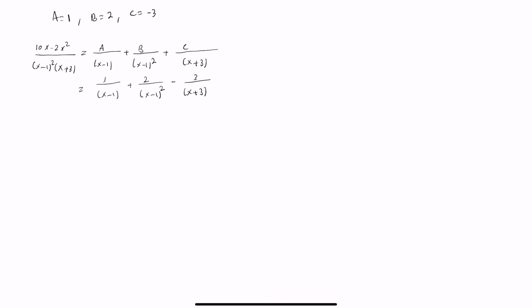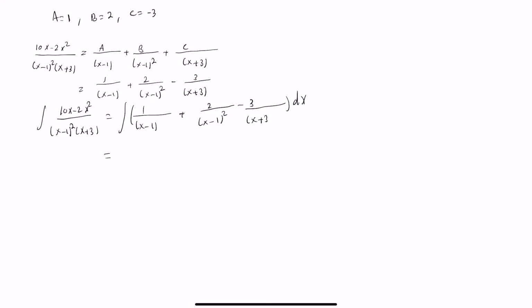Now let's integrate both sides. The left side is going to be equal to the integral of 1 over x minus 1 dx, plus, and then I'm going to pull this constant out of the integral, so we're going to have 2 times the integral of 1 over x minus 1 squared dx, and then I'm going to pull this out of the integral, it's going to be minus 3 times the integral of 1 over x plus 3 dx.